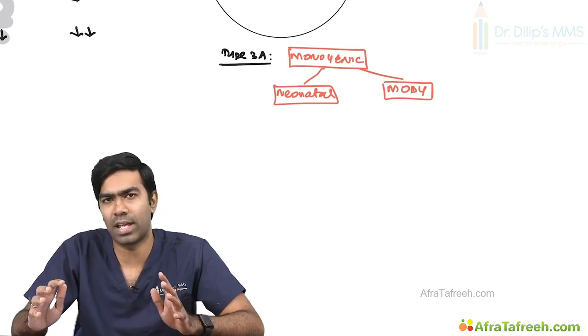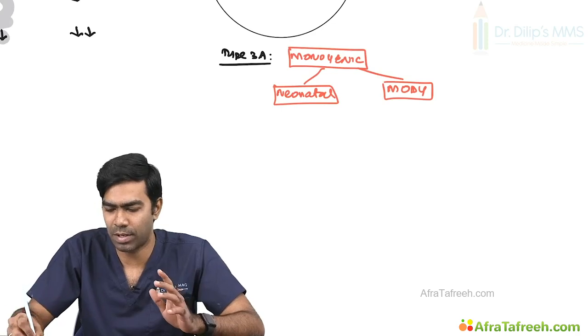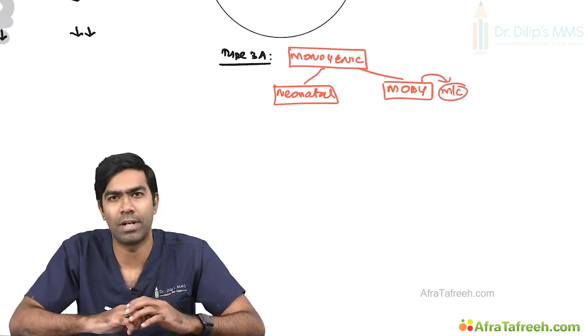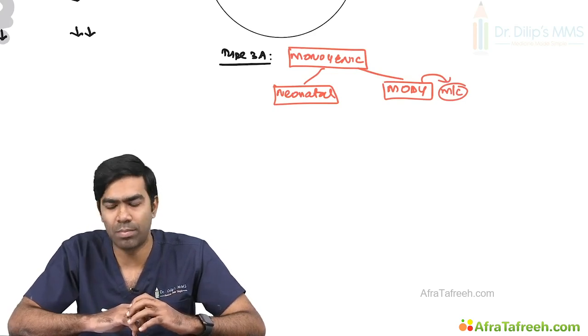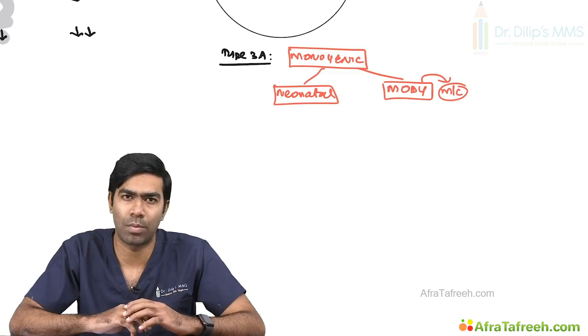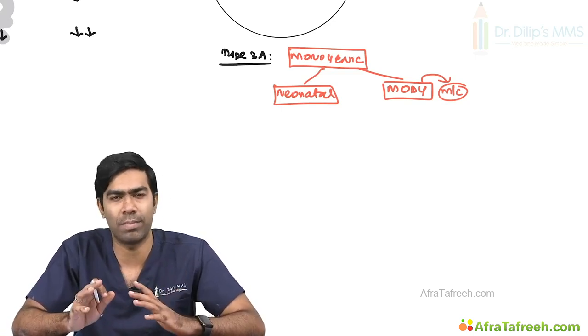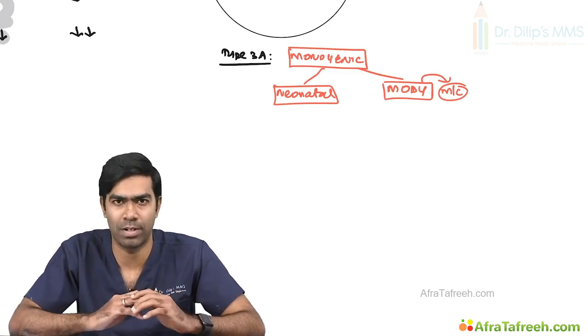And you have multiple different types of MODY, but remember that MODY is the most common form of monogenic diabetes in the world. Especially MODY type 3 is going to be the most common type of MODY, and MODY alone contributes to 2 to 5% of the entire spectrum of diabetes. So it's also very important, which we'll be discussing subsequently.